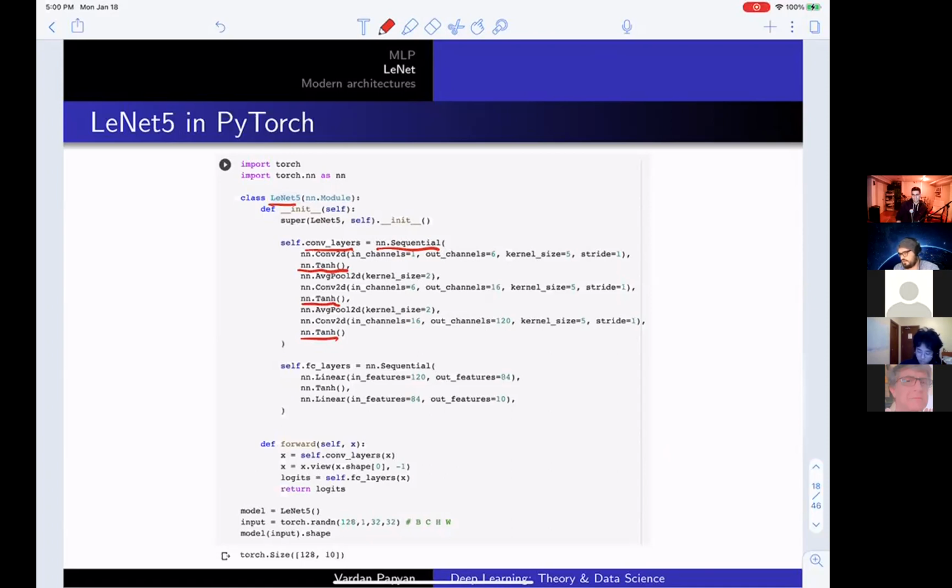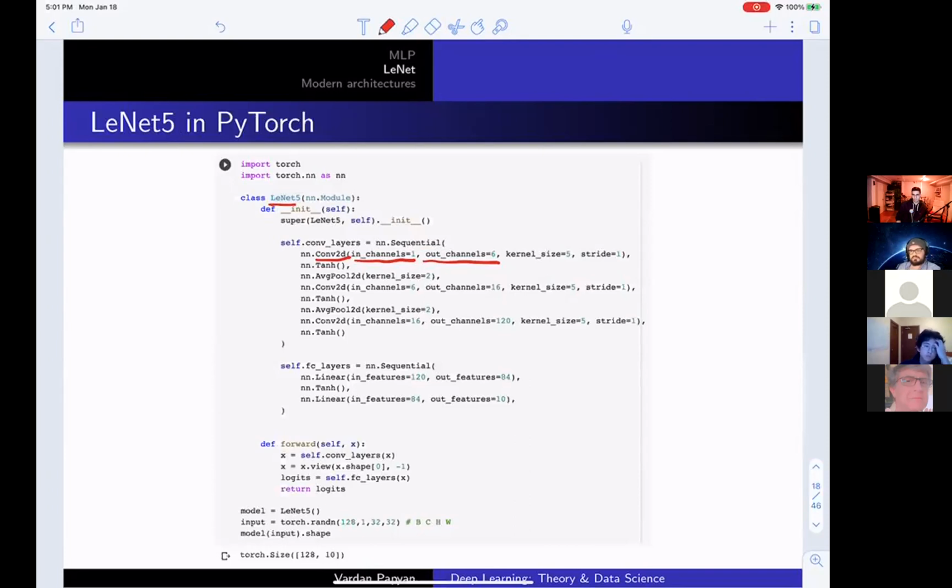Now, what's more important is notice how the definition of the network looks. We do conv2d, so create a convolution that takes as input one channel, because it's grayscale, and outputs 6 channels. What does it mean, 6 channels? It means that we have 6 filters that are being convolved with the image. So we get a tensor of width 6 in the output.